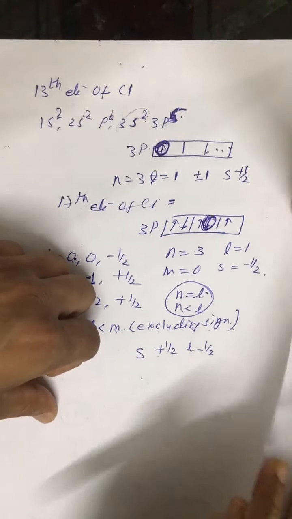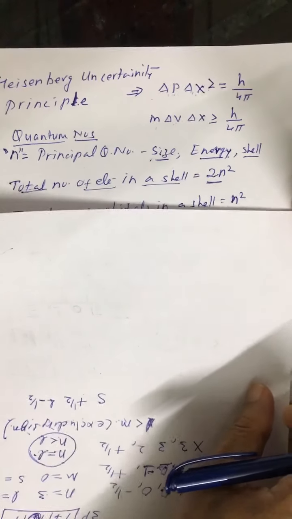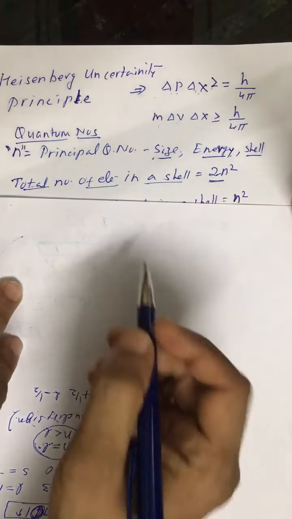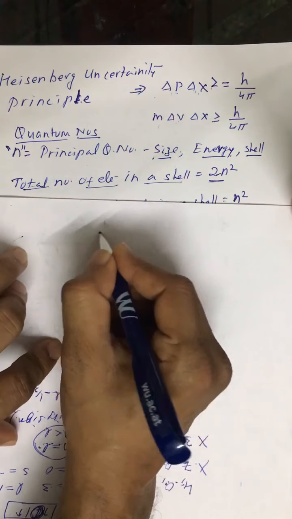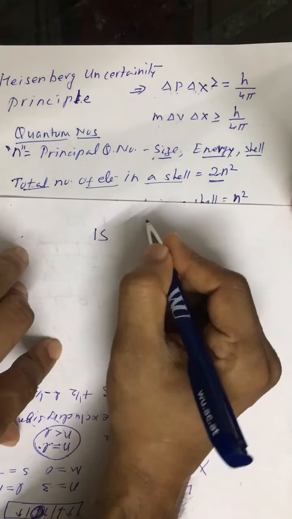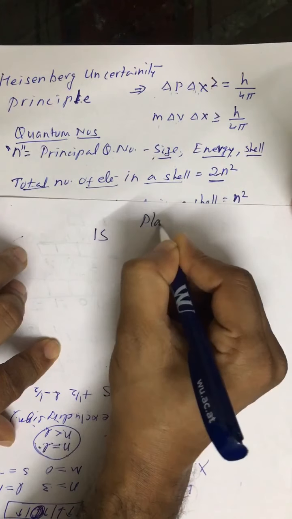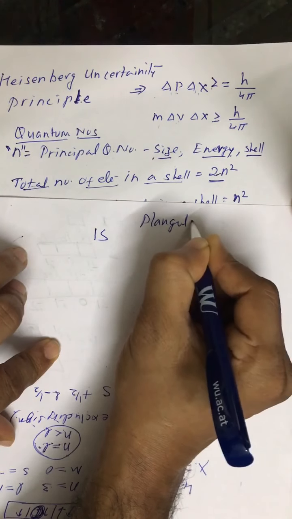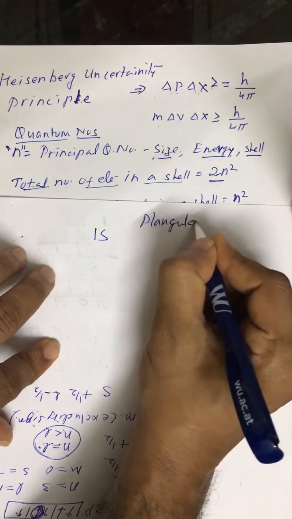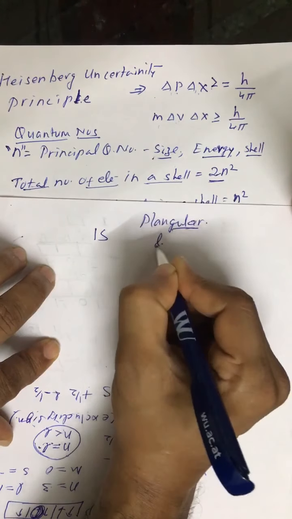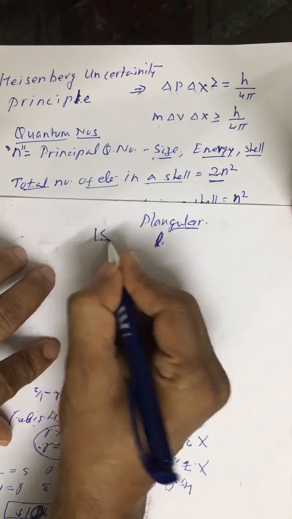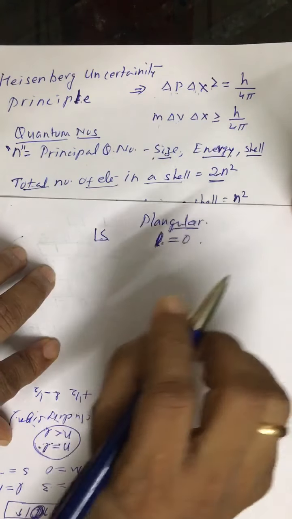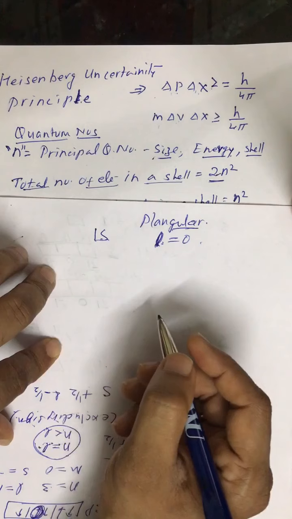Alright. And then regarding nodal points, if we talk about planar node, that is planar or angular node, it is given by L. So for 1s, L is equal to 0, that means we don't have any planar node.